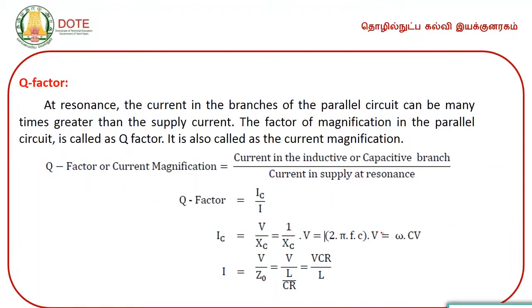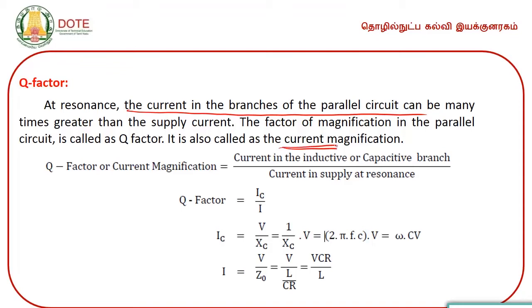Now, the Q factor. At resonance, the current in the branches of the parallel circuit can be many times greater than the supply current. The factor of magnification in the parallel circuit is called the Q factor, also called the current magnification.